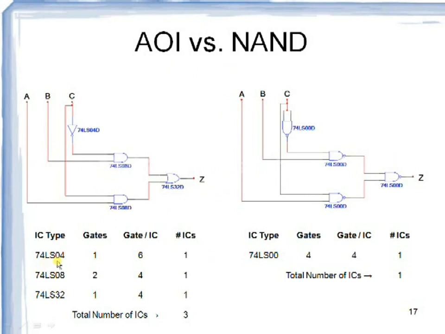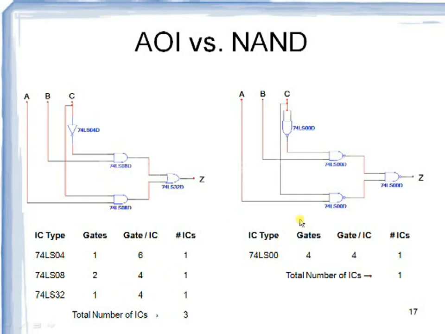Here we require 74LS04, which is nothing but NOT gates: 1 gate required, 6 gates per IC, and the number of ICs is 1. 74LS08, which is the AND gate: here we require 2, with 4 gates per IC, so we require only 1 IC. 74LS32, which is the OR gate: again here we require only 1, with 4 gates inside the IC, so only 1 IC. Therefore, in order to implement this particular AOI circuit, we require a total of 3 ICs.